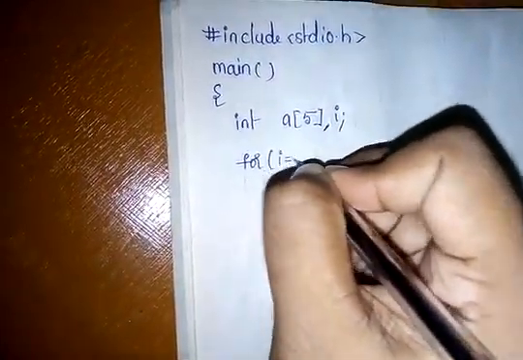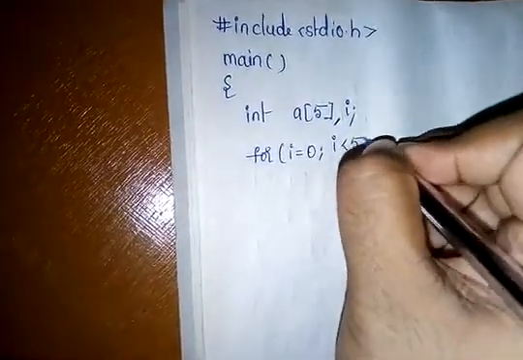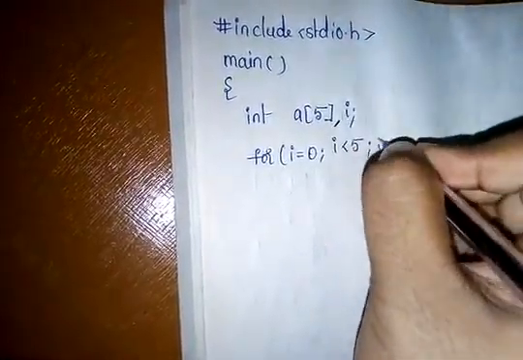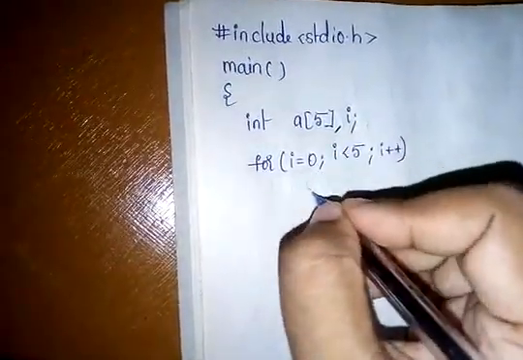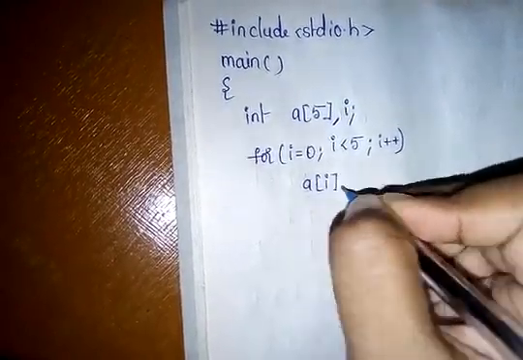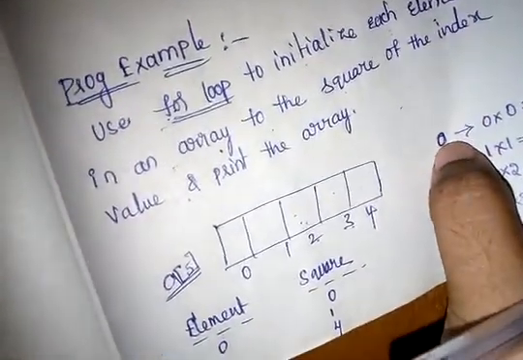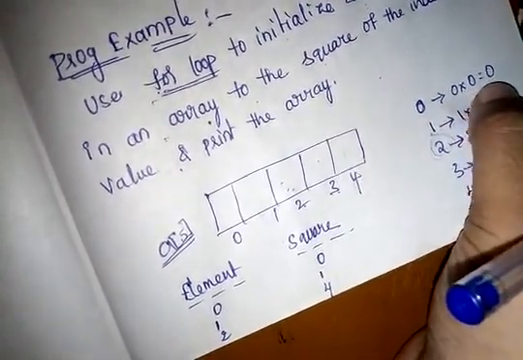So now let us initialize the values into the array using a for loop. As the index starts from 0, i is equal to 0, i less than its size 5, i plus plus. The index is at variable i, so what we have evaluated previously is that the value at index 0 should be evaluated with 0 into 0.